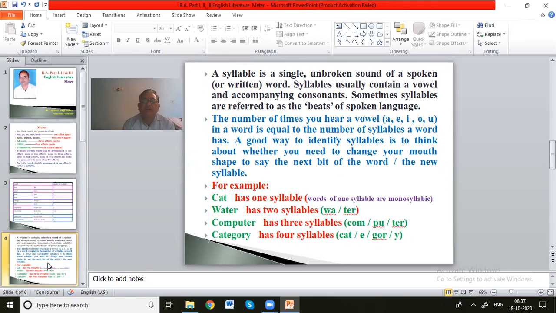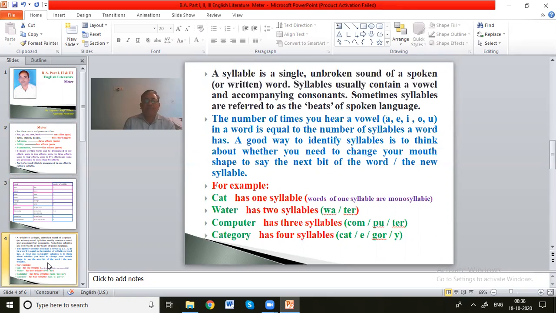Sometimes syllables are referred to as the beats of spoken language. To have a general idea, the number of times you hear a vowel A, E, I, O, U in a word is equal to the number of syllables a word has.